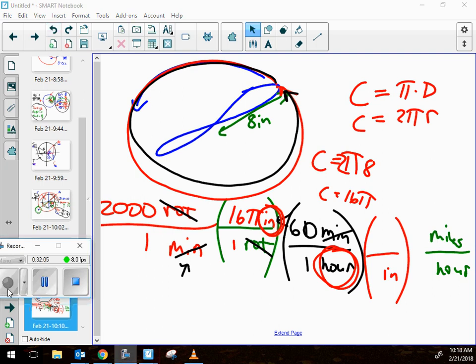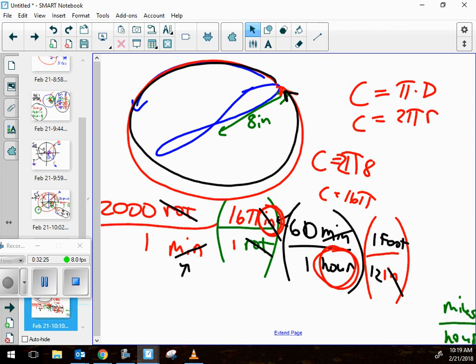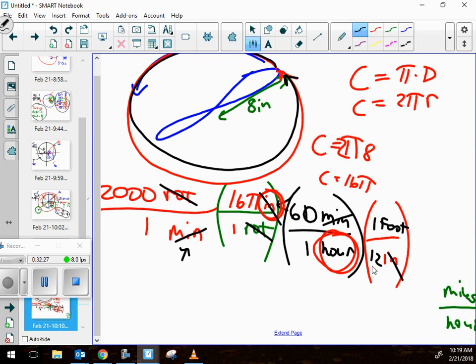Okay, so you have, what's this thing about inches? 12 inches, 1 foot. First time we had a number on the bottom. And now my inches can cancel my inches, and my answer's in feet per hour. Close. I just need miles per hour. So I have to multiply by one more conversion factor, so I'll move this stuff down. Last conversion factor to multiply by, 5,280 feet.